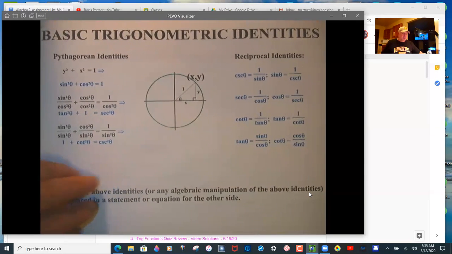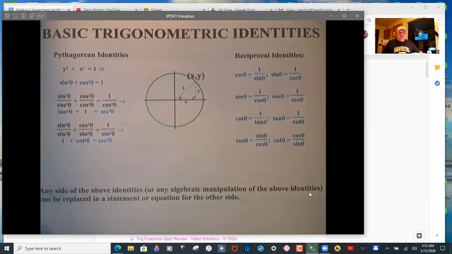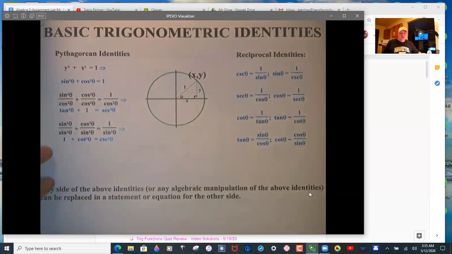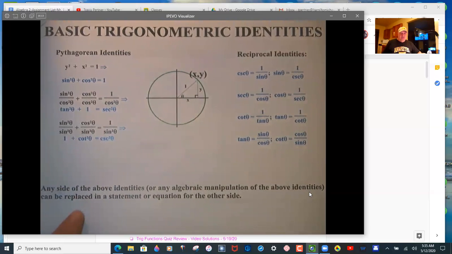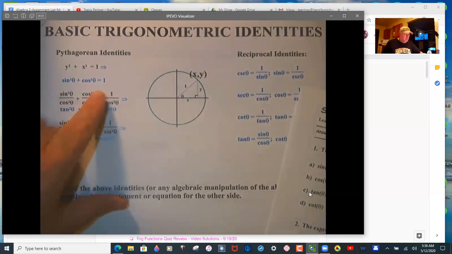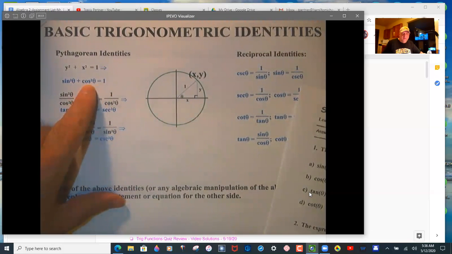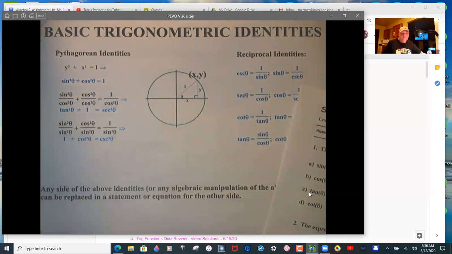And this first page is dealing with the basic identities. Okay, and you see this at the bottom, any side of the above identities or any algebraic manipulation of the above identities can be replaced in a statement or equation for the other side. Okay, so in for sine squared plus cosine squared, you can put a 1. So on and so forth.